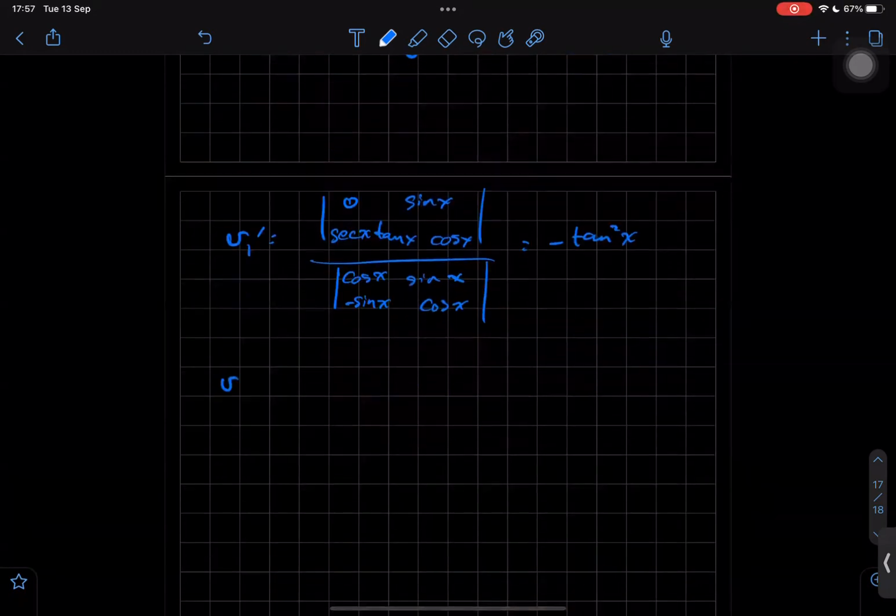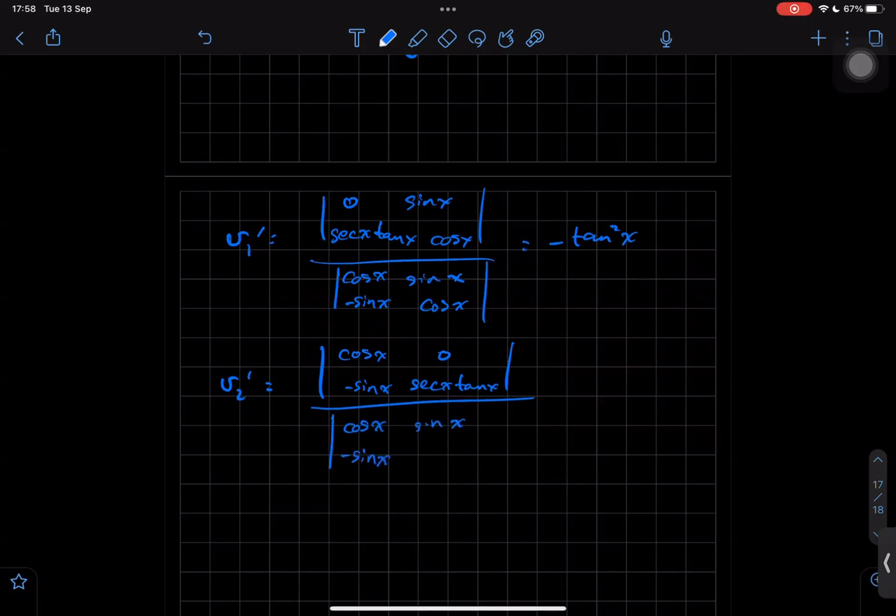And v2 prime is equal to the determinant over the Wronskian, and this becomes tan x.